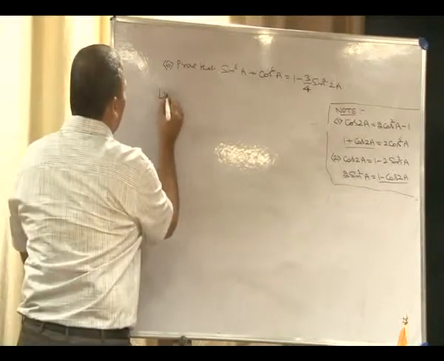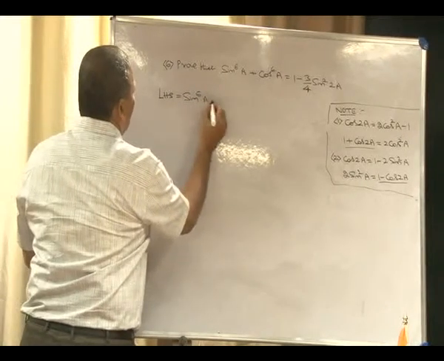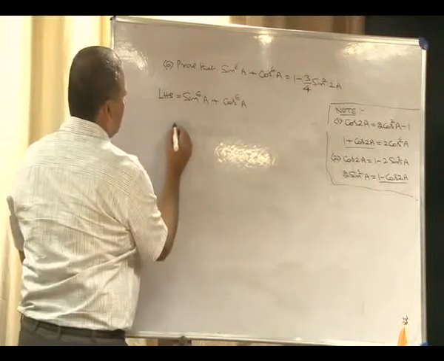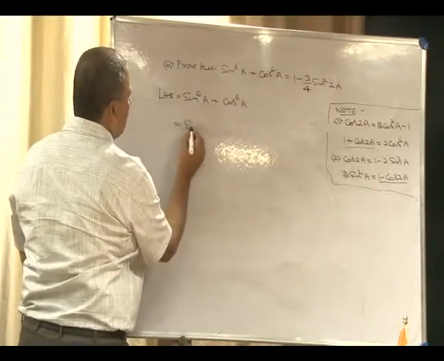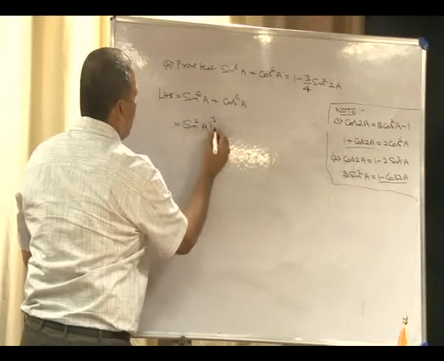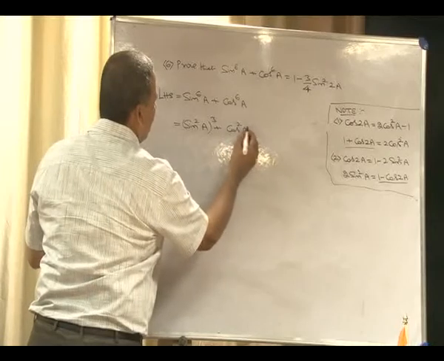LHS equals sin to the power of 6A plus cos to the power of 6A. Sin to the power of 6A is sin square A the whole cube, plus cos to the power of 6A is cos square A the whole cube.